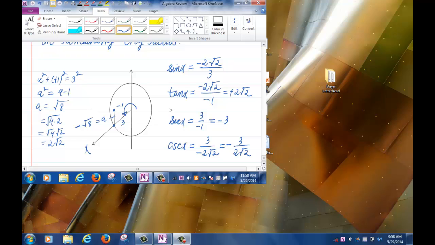In the second quadrant, the sine and cosecant are positive, everything else will be negative. In the third quadrant, only tangent and cotangent are positive, everything else will be negative. Always, okay? If you have an angle in the fourth quadrant, then cosine and secant are positive, everything else will be negative. Is that making sense?